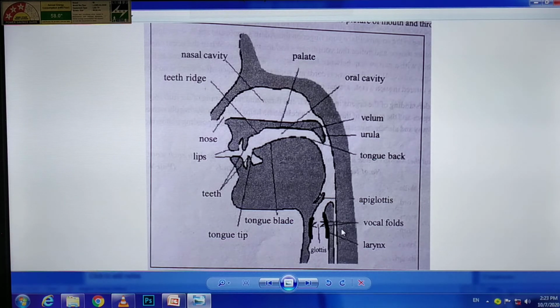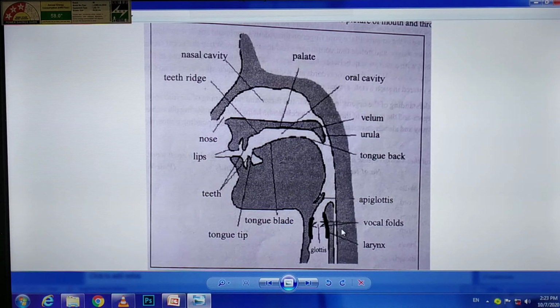So what are these active articulators? Active articulators are the lower lip, the tip or blade of the tongue, and the front, center and back of the tongue. That means whenever we speak any simple words, these are more active. Our lips, our tongue and so on, most of the times will be in motion, will be moving.